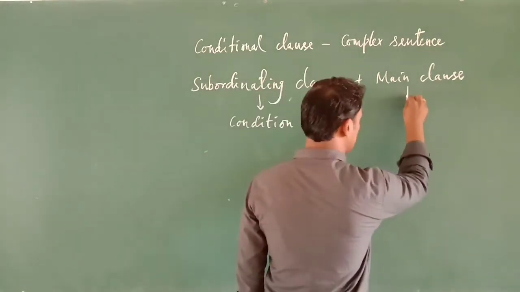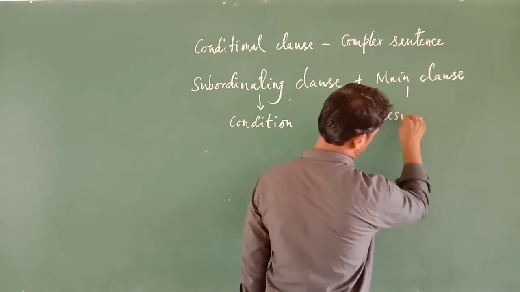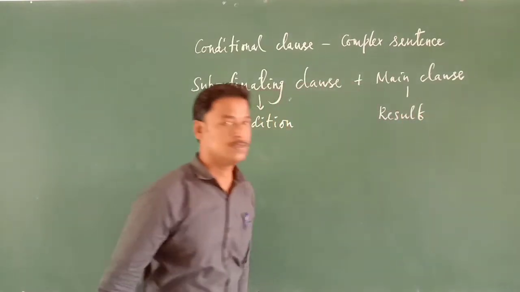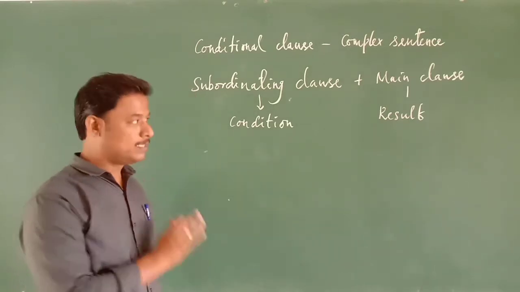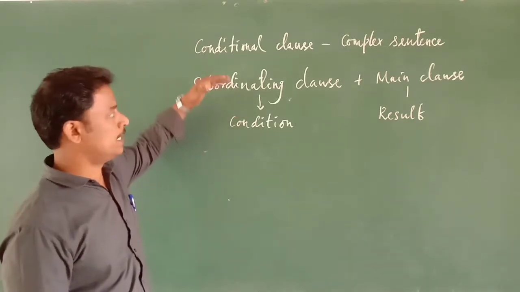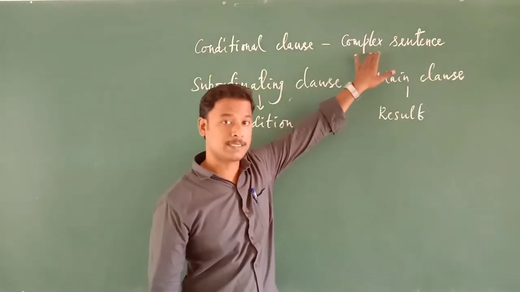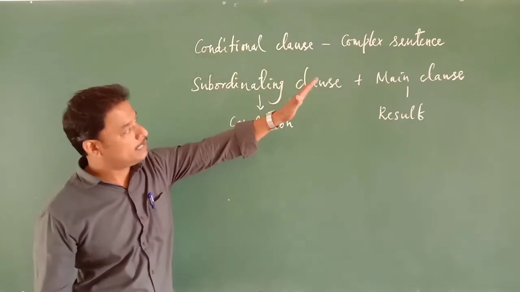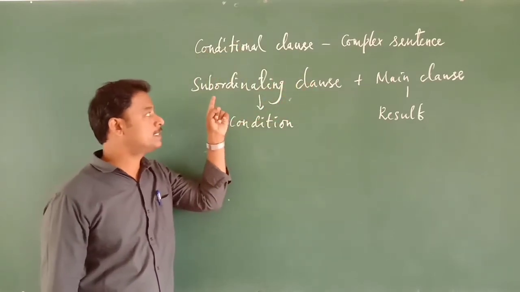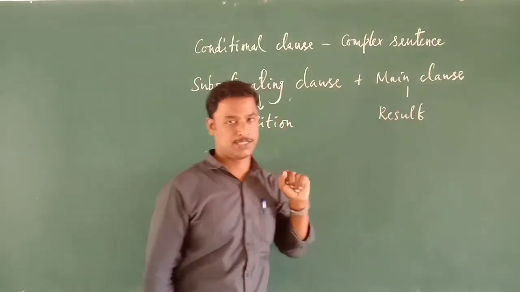And this main clause must contain the result. Students, understand this topic clearly. A conditional clause comes under the category of complex sentence. This conditional clause and that complex sentence must have a subordinating clause and a main clause.